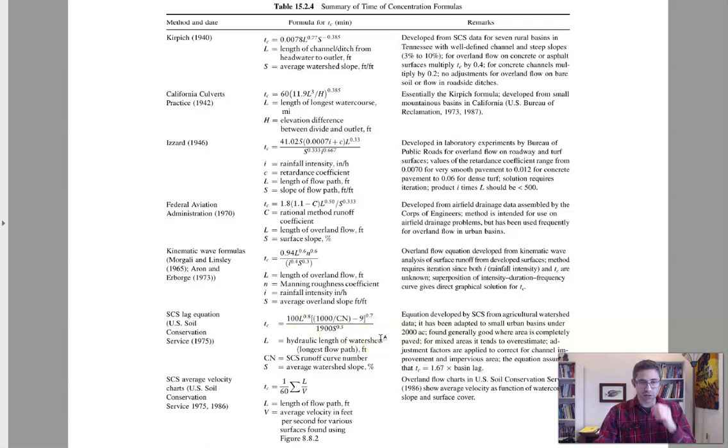But the one most commonly used with the rational method is the Federal Aviation Administration, FAA formula. It's right here. You can see here's the C, the rational method coefficient. You also need the length of overland flow and the surface slope. Even though this was developed for airfields by the FAA, it's frequently used in urban basins, so for developments or parking lots or something like that.